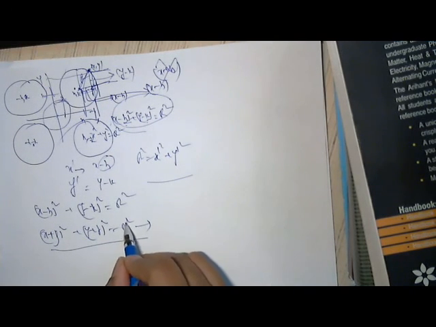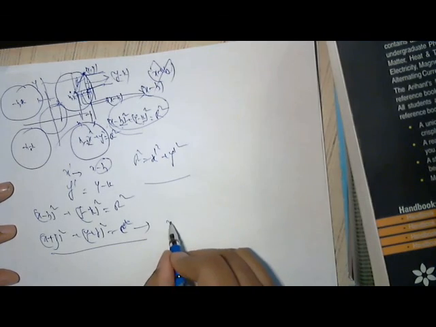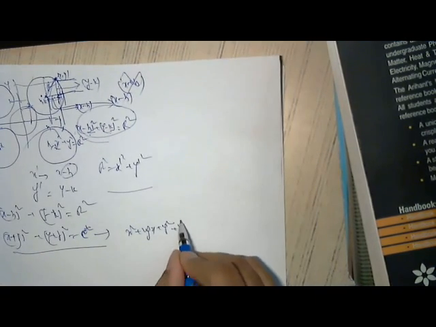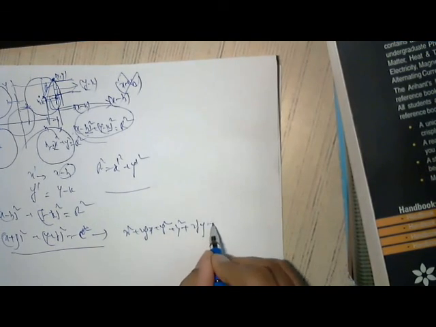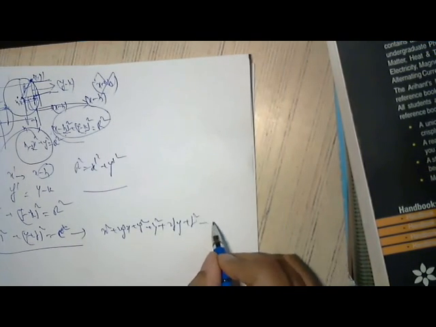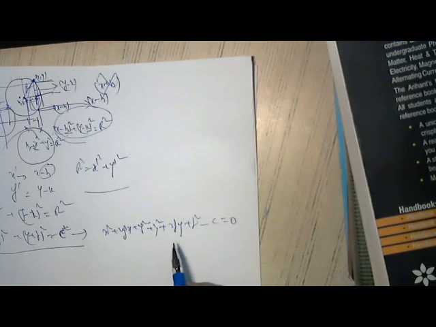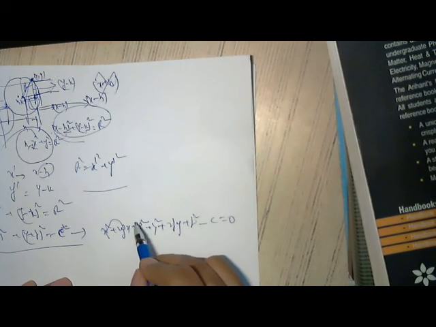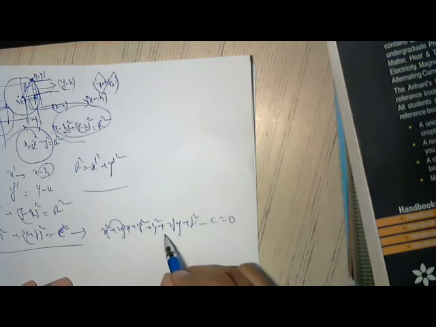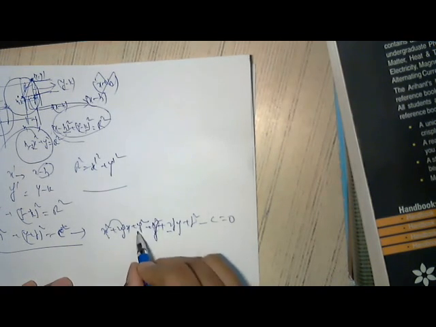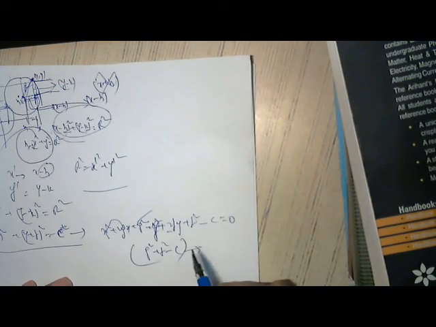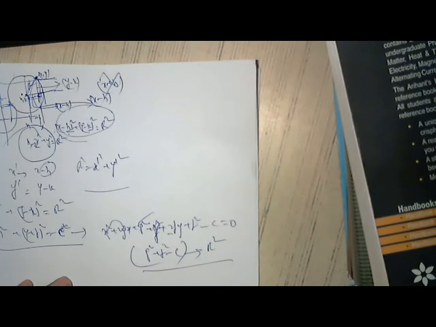x square plus 2gx plus g square plus y square plus 2fy plus f square minus r square is equal to 0. So g square plus f square minus c, these form r square.